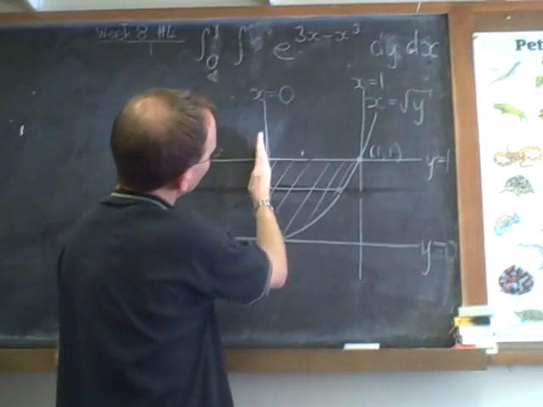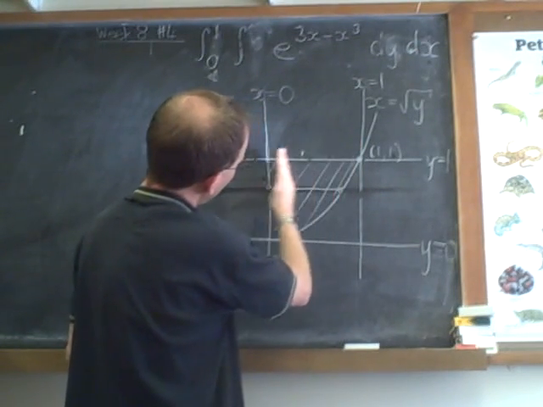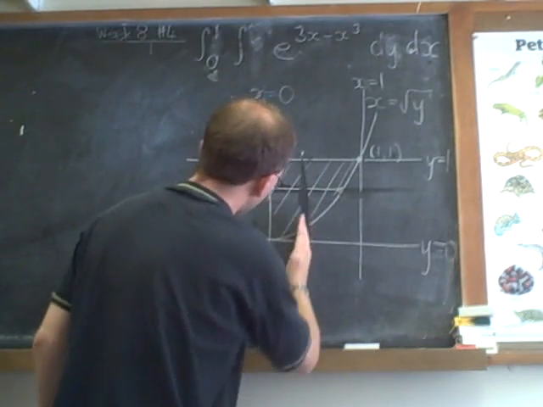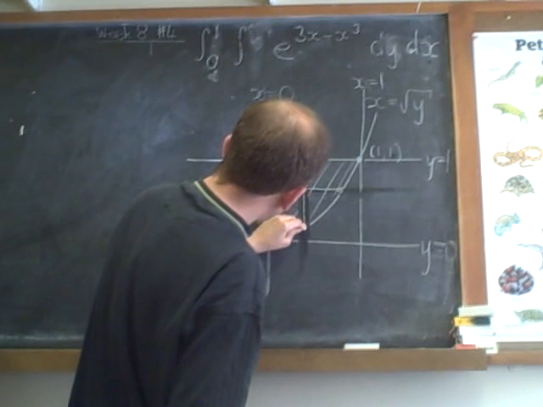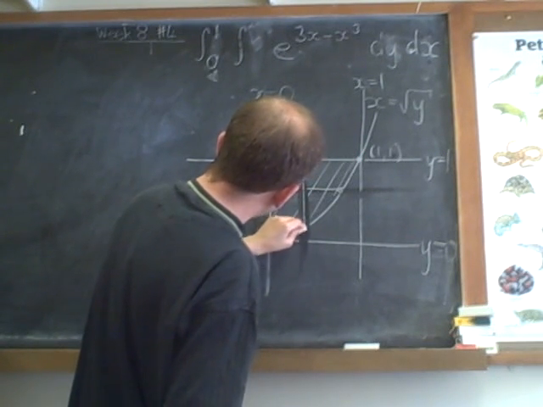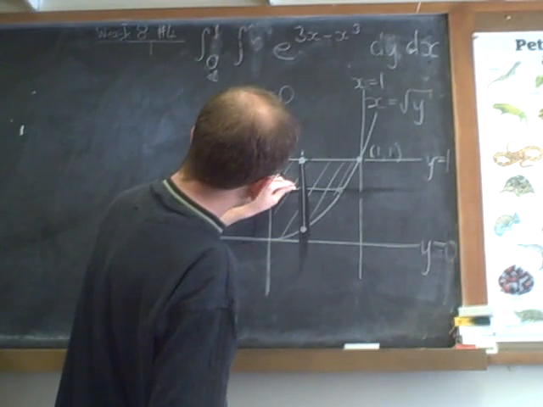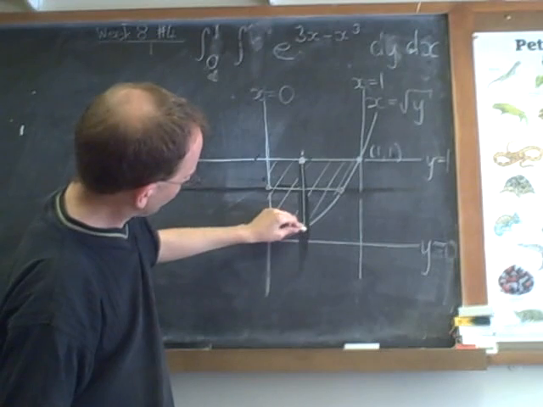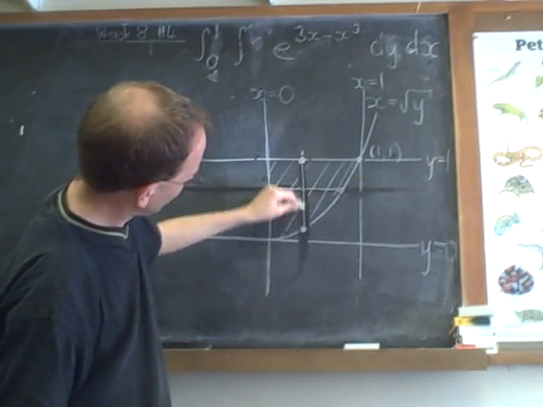x equals 0 to x equals 1 and all x values in between, and if we stop somewhere in between at some fixed x value, then along that vertical line we want to know which part of that vertical line is inside the region. What's this interval of y values that's inside the region?